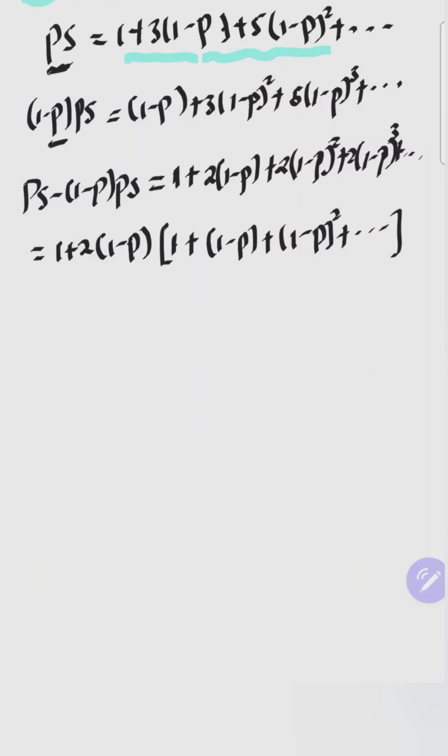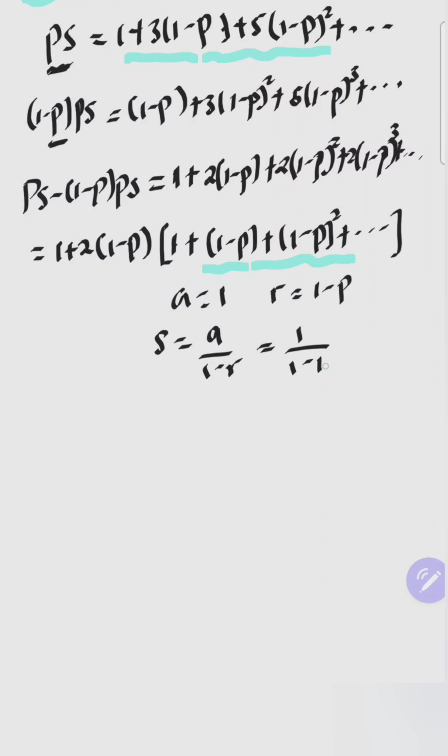Now, we can use the geometric series to simplify this. By using that, we can see that our a is 1, common ratio r is 1 minus p, and the sum is s equals a over 1 minus r, which is 1 over 1 minus (1 minus p), which is 1 over p. Okay, that is the sum.